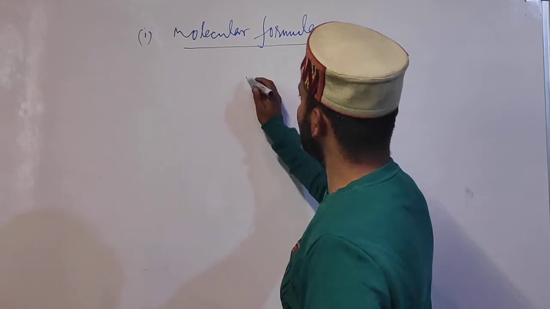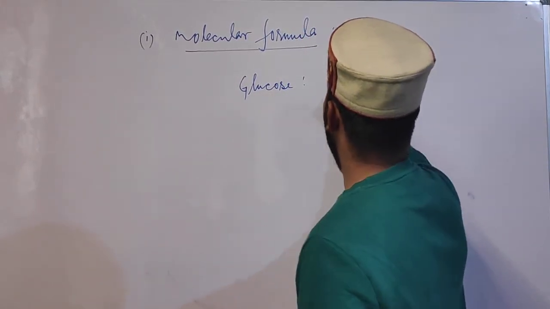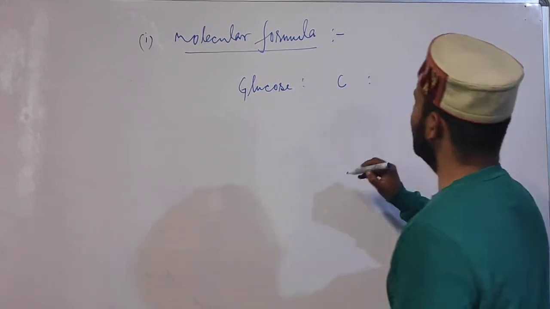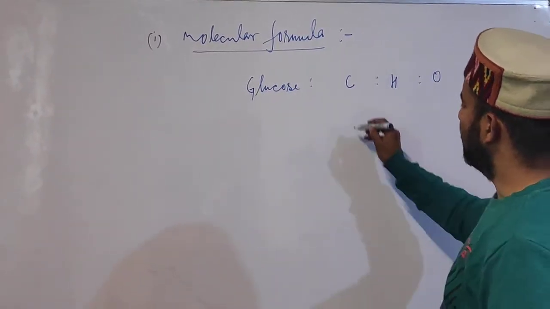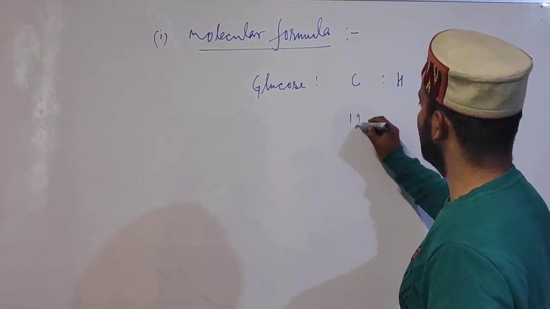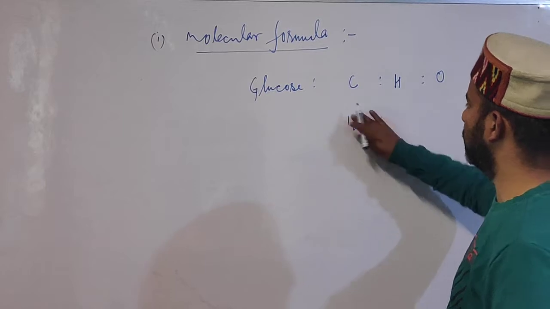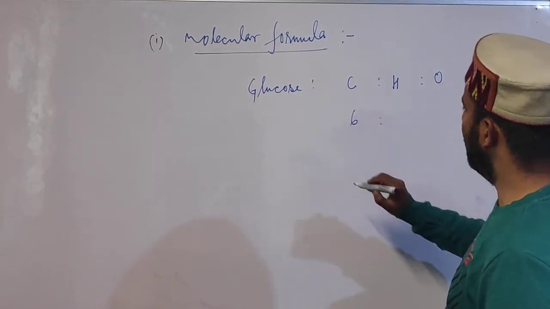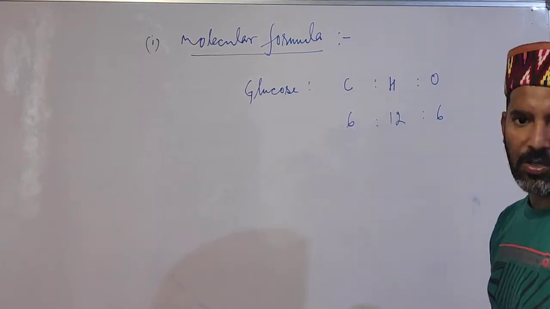For example, students, in glucose the constituent elements are carbon, hydrogen and oxygen, and the exact number of atoms in one molecule of glucose are 6 carbons, 12 hydrogens and 6 oxygens.